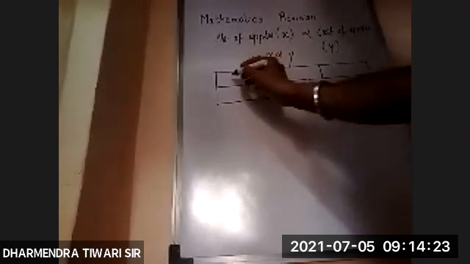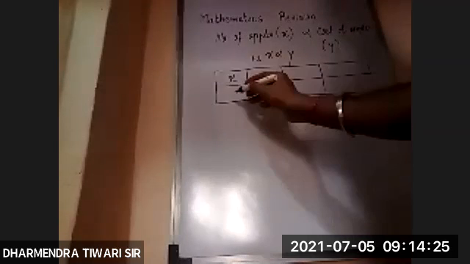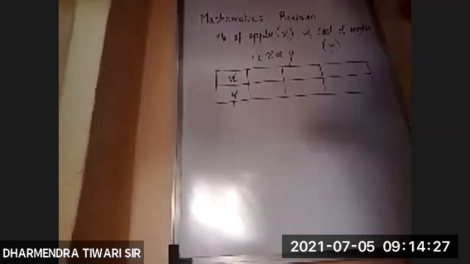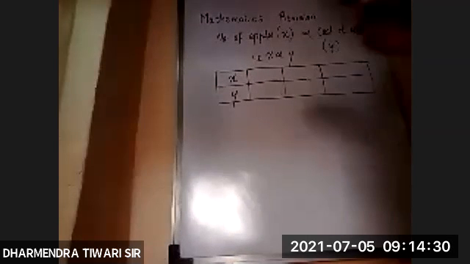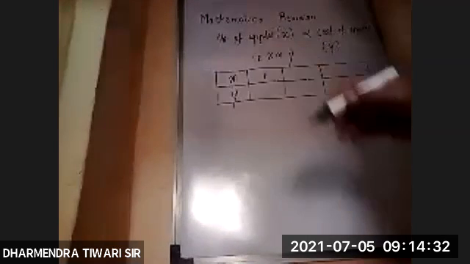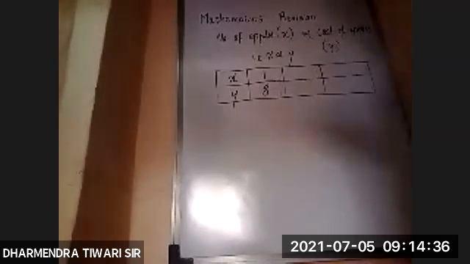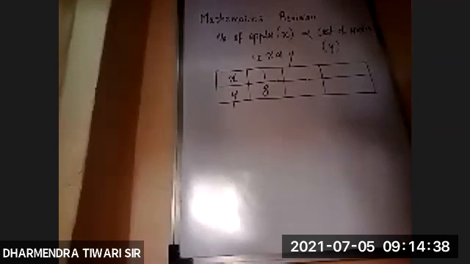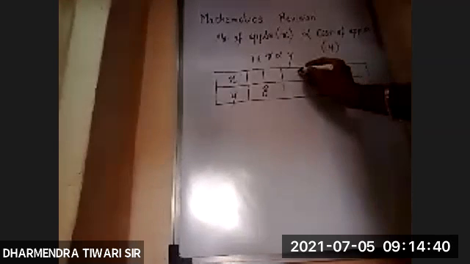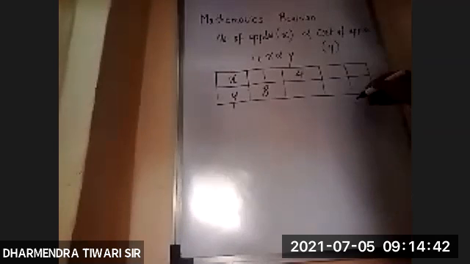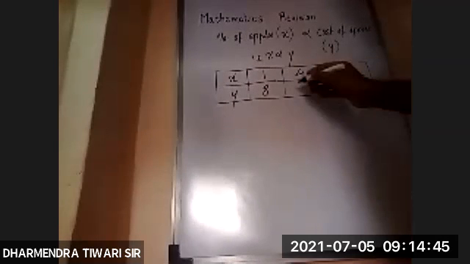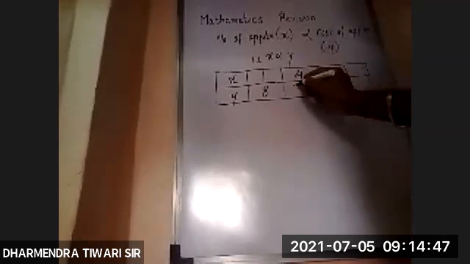This is your x, number of apples, and this is your y, that is cost of apples. For one apple, cost of apple is 8. For 4 apples, cost of apple is 32.